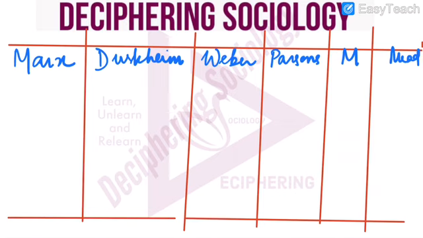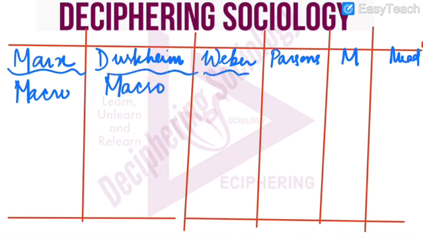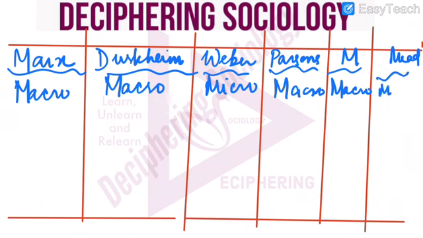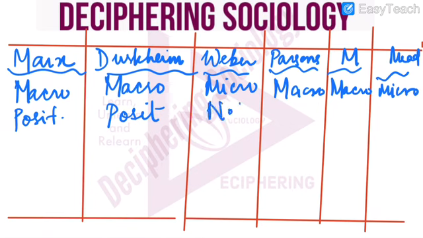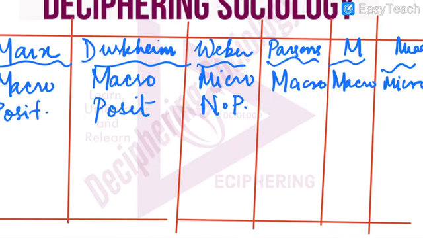So, this is a small chart of thinkers that I need to study. Here I know he is from micro school, he also micro. Here we have micro, this person again macro, macro, micro. Marx, positivist, Durkheim, positivist, Weber, positivist also although he is known as a non-positivist, but he used both positivism, so P plus NP.